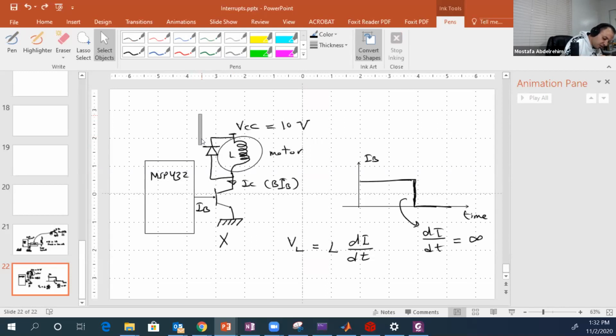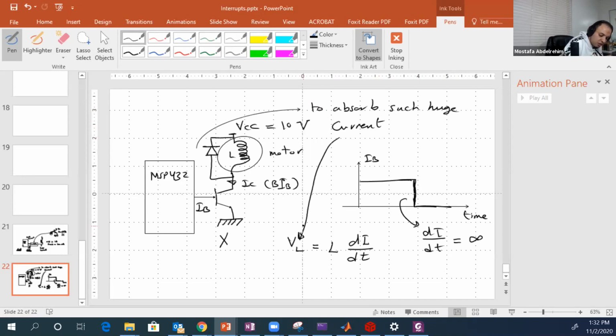So this guy is to absorb such huge current or voltage when switching on or off.